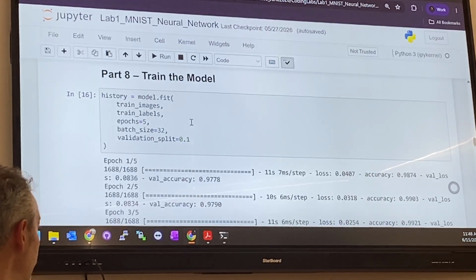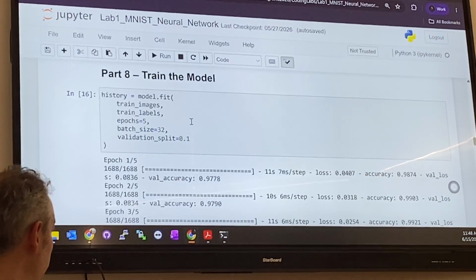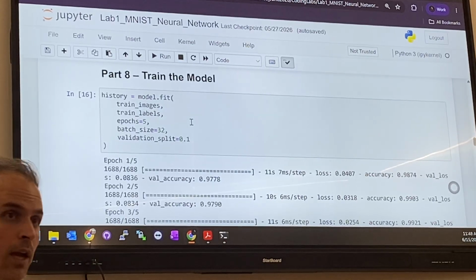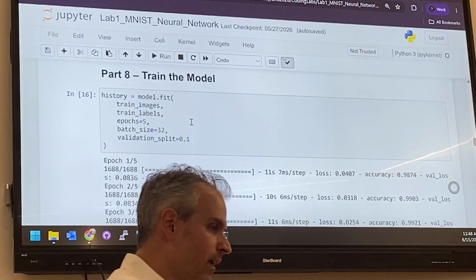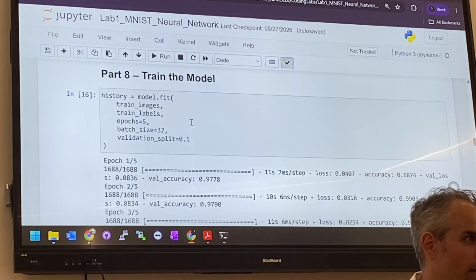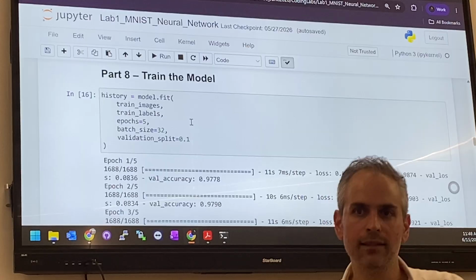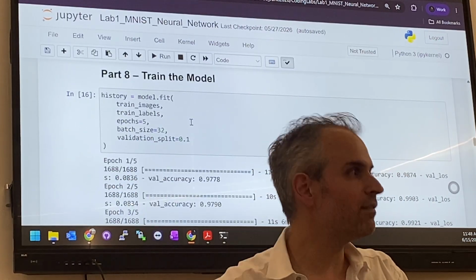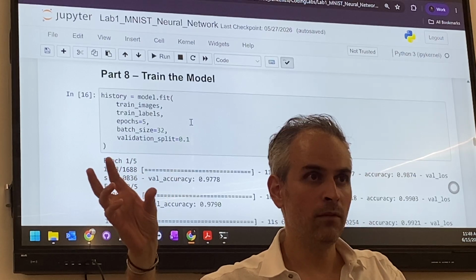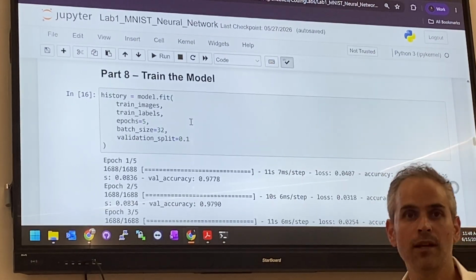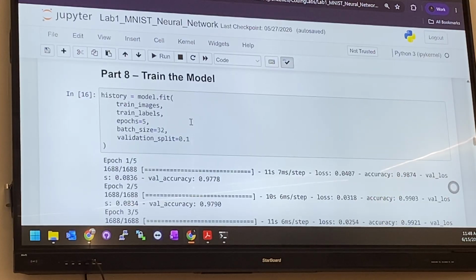And we said we want the batch size, we want the number of epochs, and now there is also one more thing that is called the validation split. Remember, within training data, we are splitting out another portion. That is the validation. So we are specifying this as 0.1, 10% of it, we want to be validation.